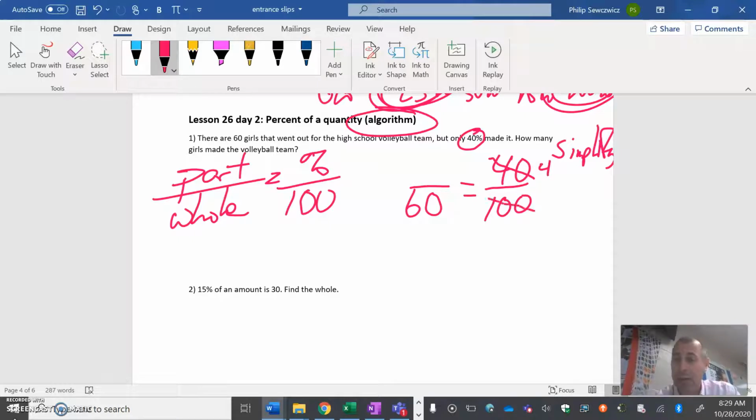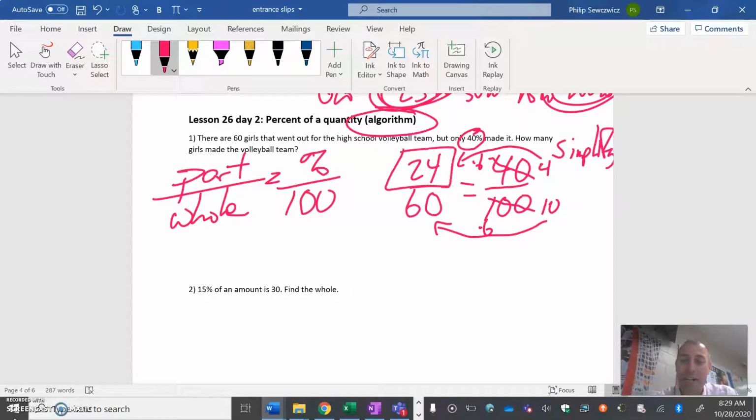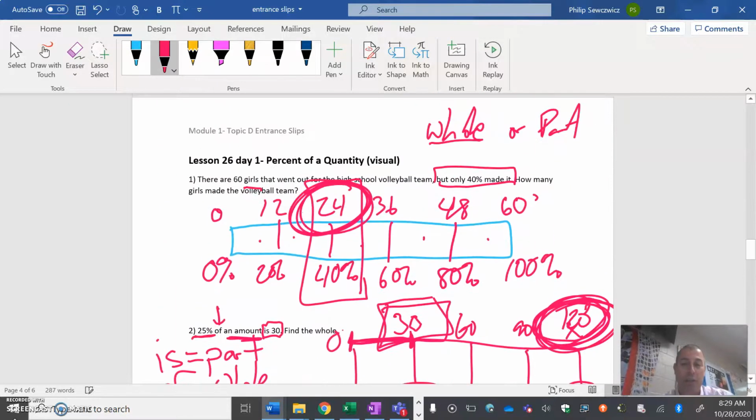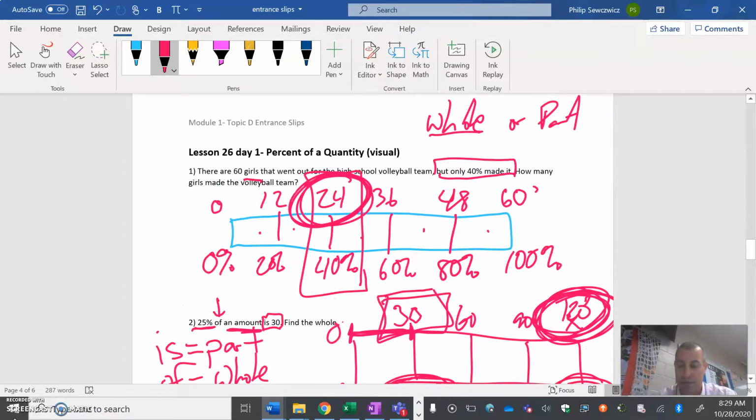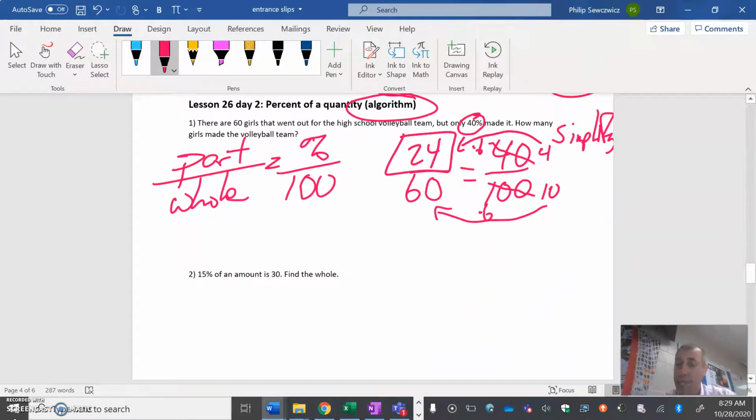Take 100 and divide it by 10, you get a 10. Now look how nice this is. What do you multiply 10 by to get to 60? 6. So it's 4 times 6. It's 24. So we get an answer of 24 students. Just like we saw yesterday, exact same answer of 24. So again, setting it up and then looking to simplify.